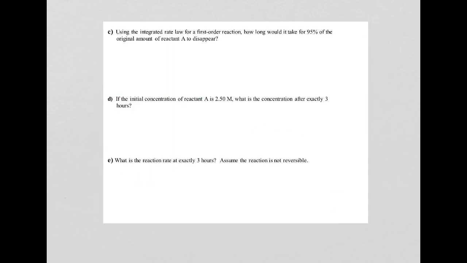Okay, so part C says, using the integrated rate law for a first order reaction. Now the key is, again, I'm telling you it's a first order reaction. You don't have to figure it out. And then, how long would it take for 95% of the original amount of the reactant to disappear?